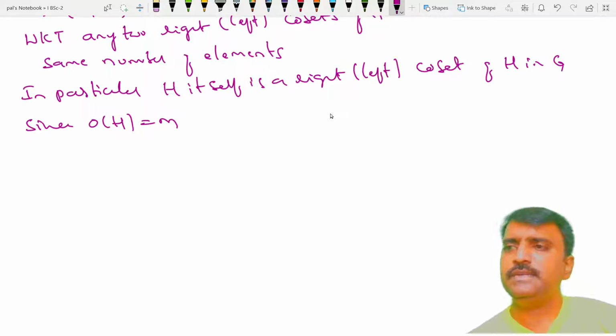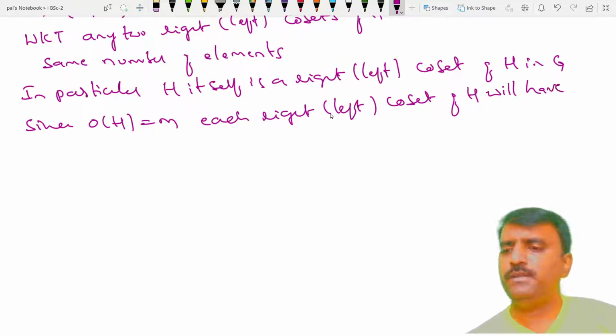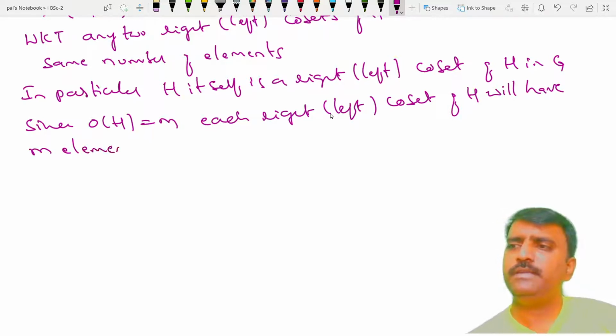So each right or left coset of H will have m elements. It consists of m elements.